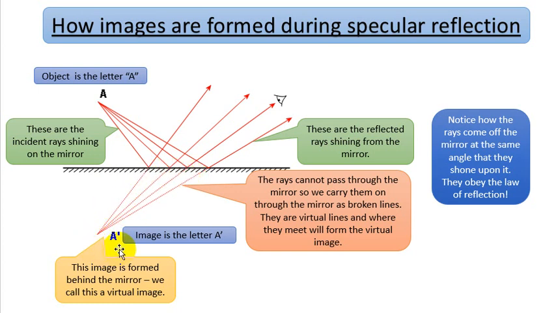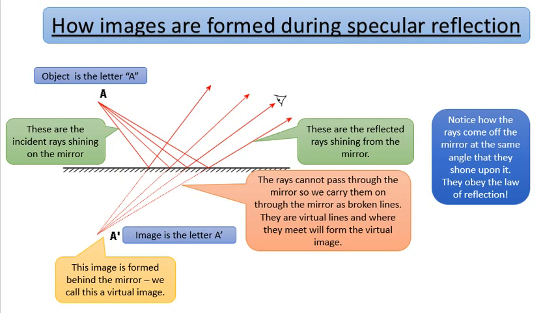To get an image, all the lines must cross each other. When we draw the dashed lines, at this point all the lines cross each other, so here an image is formed. This image is a virtual image, because it is formed behind the mirror and by virtual lines.